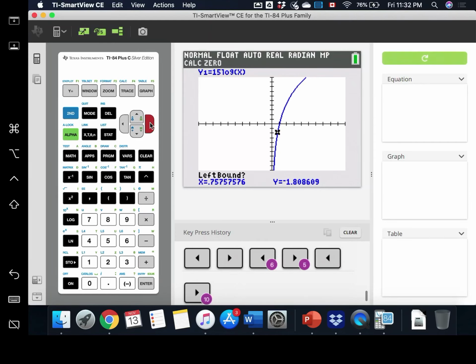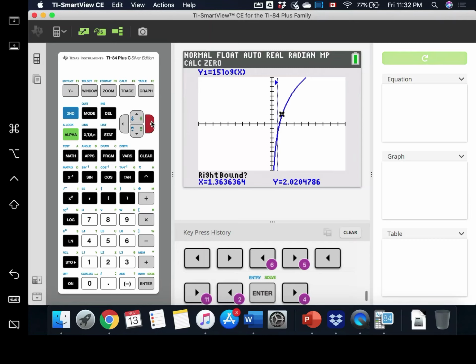There it is. You want to get as close as possible to your x-axis as you can. When you're as close to the x-intercept as you can, move to the left a few spots. There's the left bound. As I move left, you're going to see that it's below the x-axis, so this is your left bound. You're going to press enter.